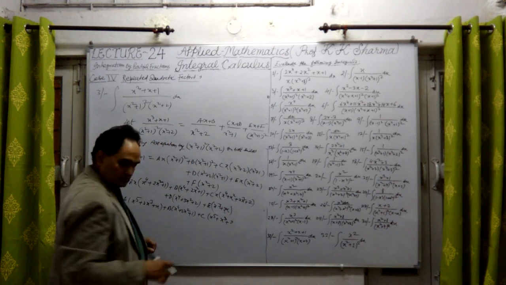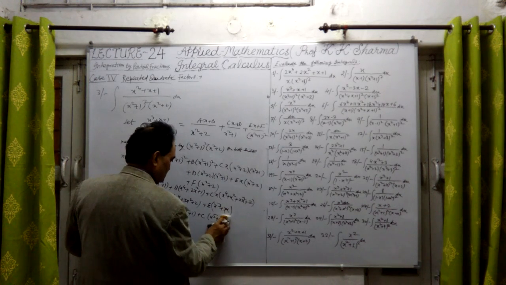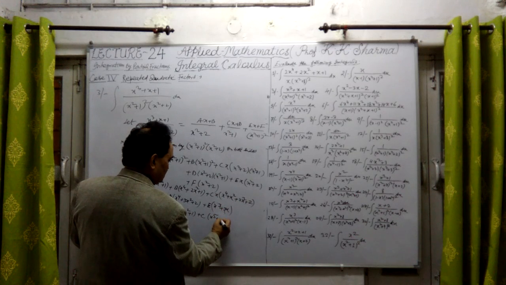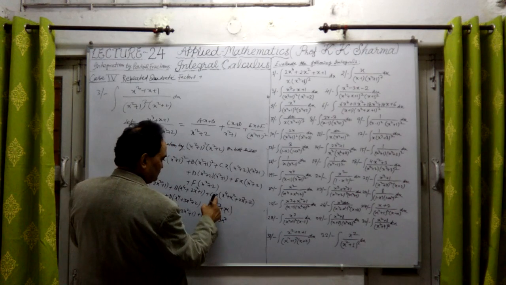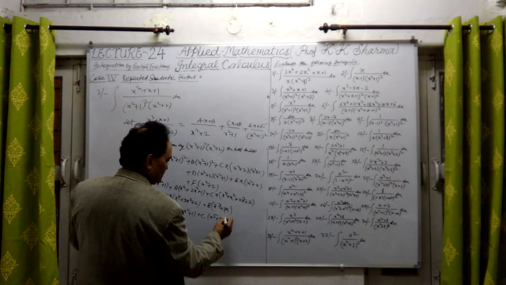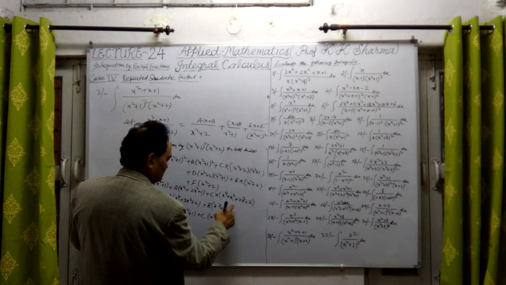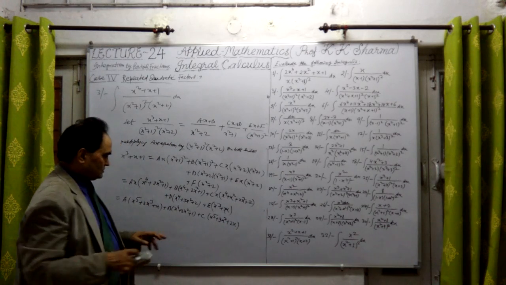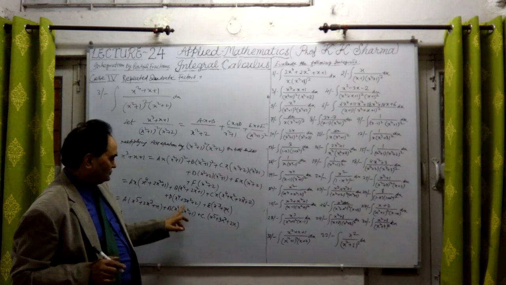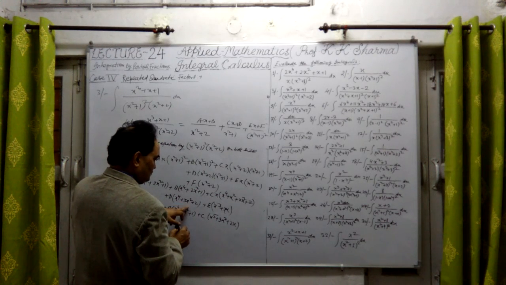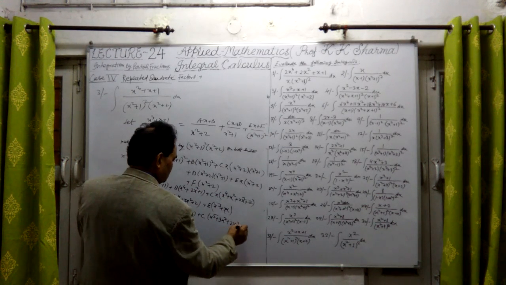So this will be 3x cube, plus twice x, no problem, and this b, x5, 3x cube plus twice x.